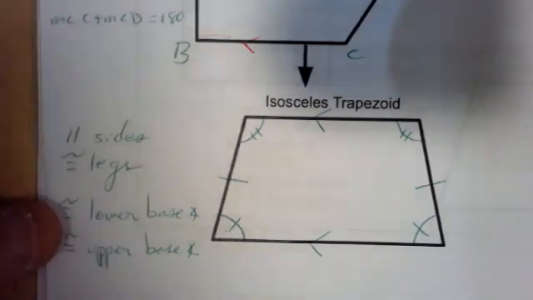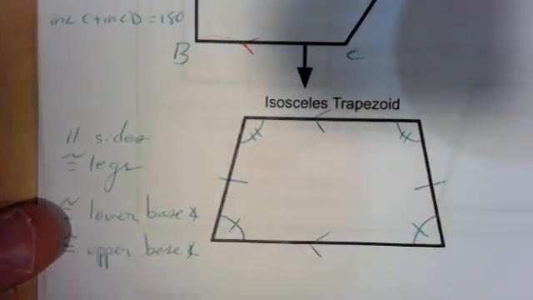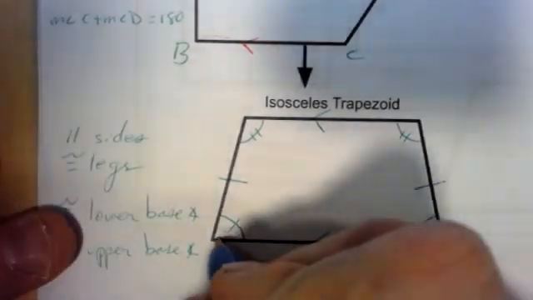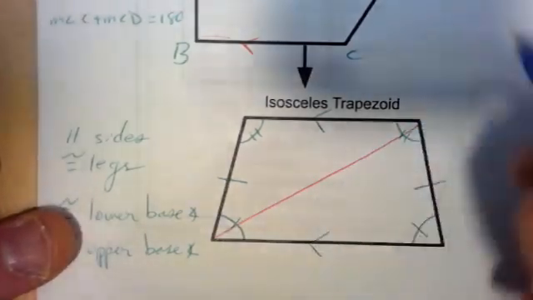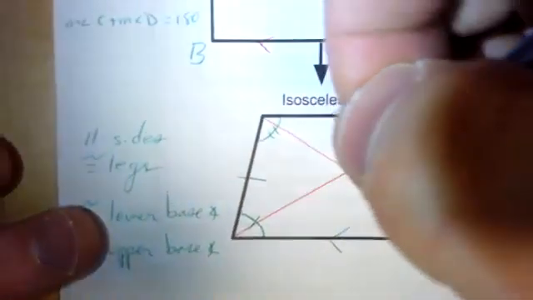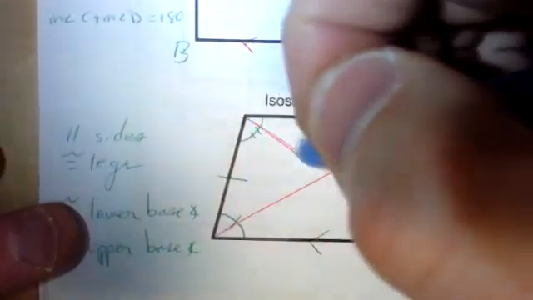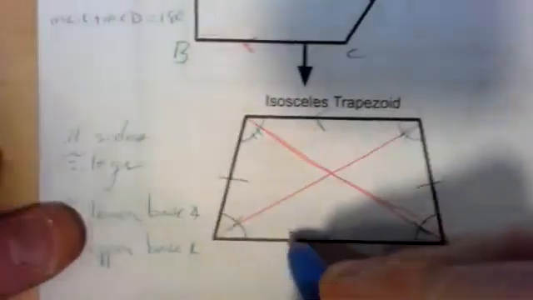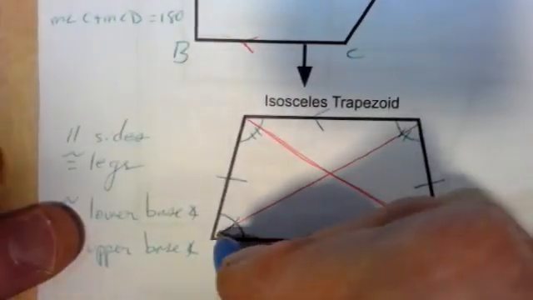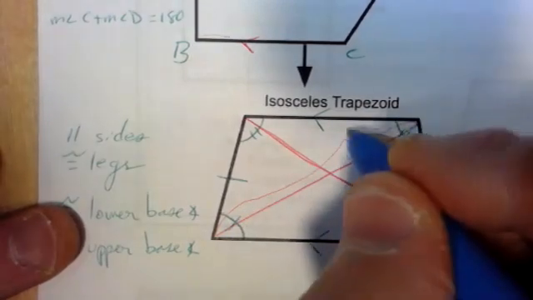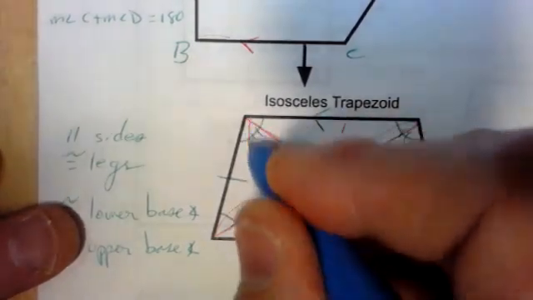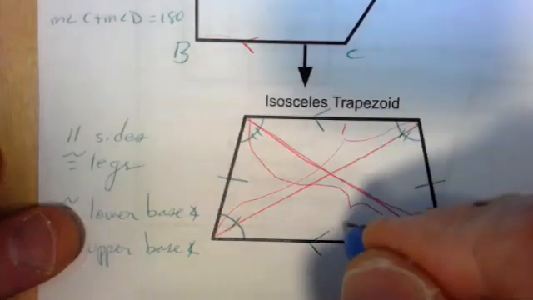We also know something cool about these: the diagonals in an isosceles trapezoid are congruent to each other. So the whole length of this is congruent to the whole length of this.